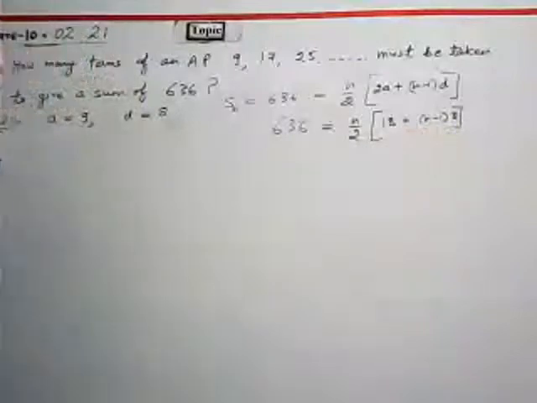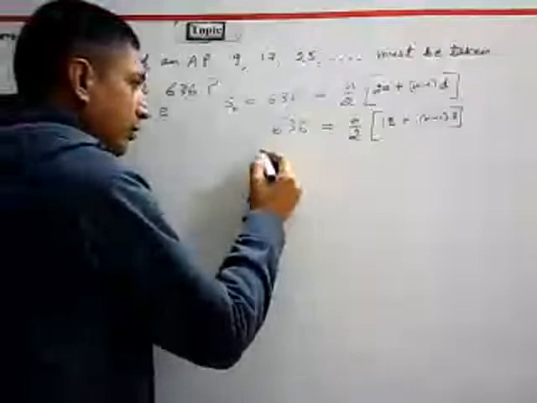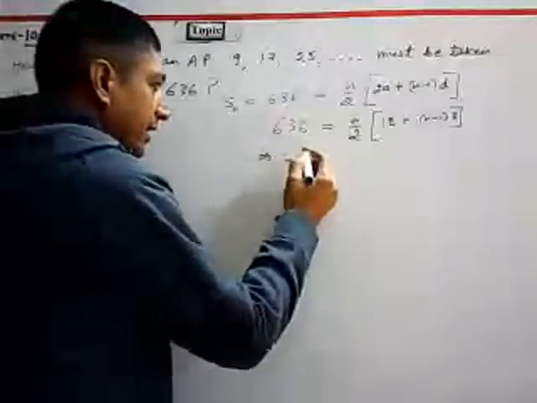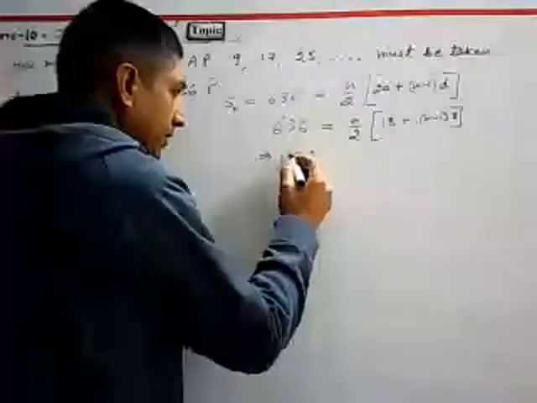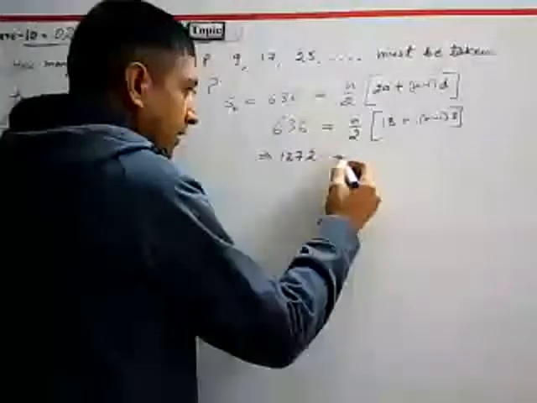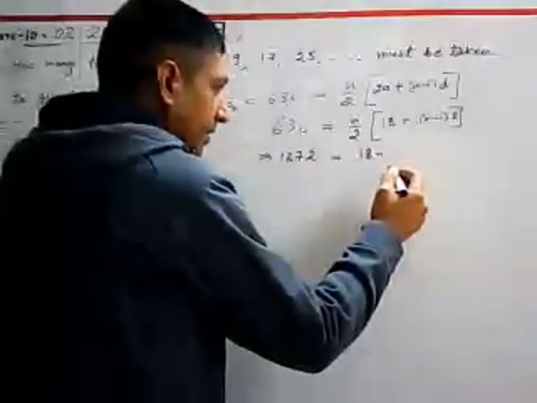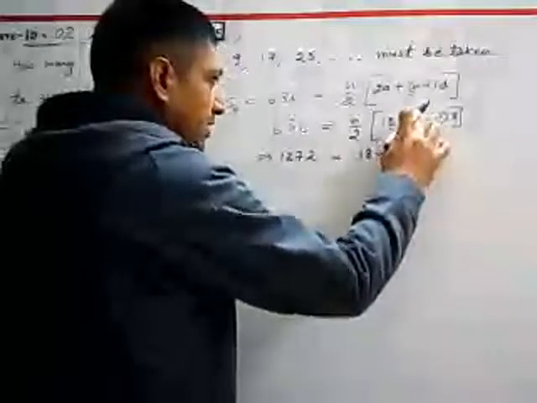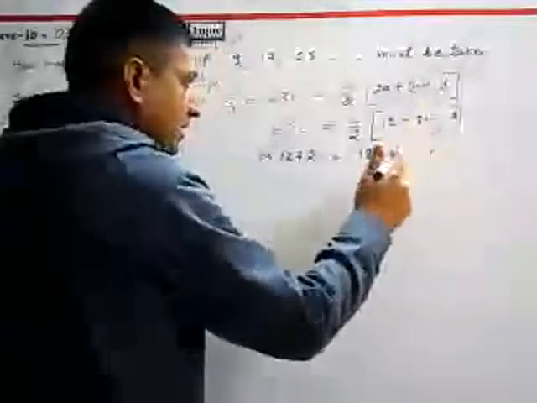Okay, so here we cross multiply, and what we'll get? 6 2s are 12, so 1272. Here it is 18n. If we open the bracket, it will become 8n minus 8, right?